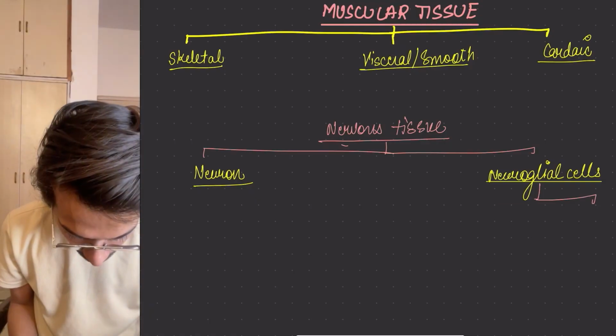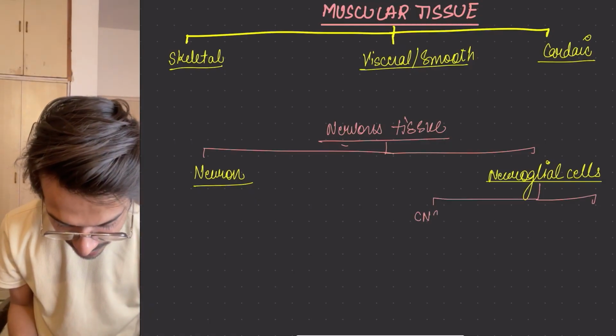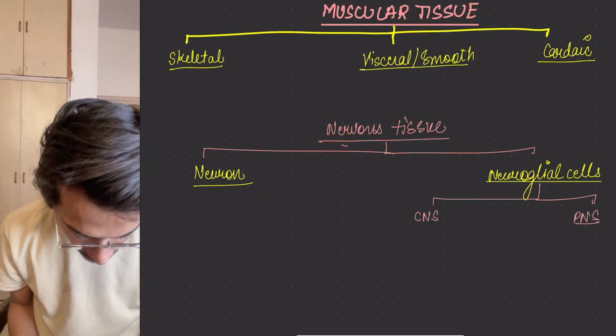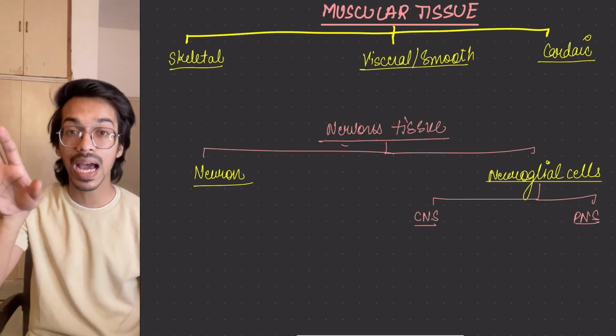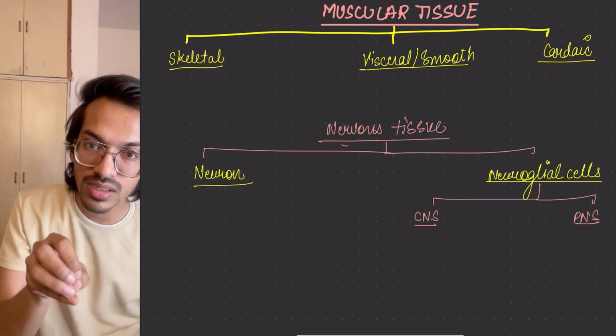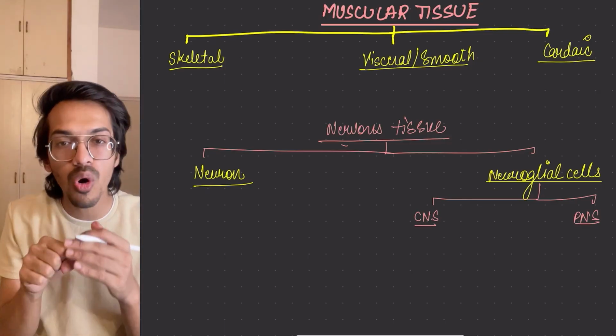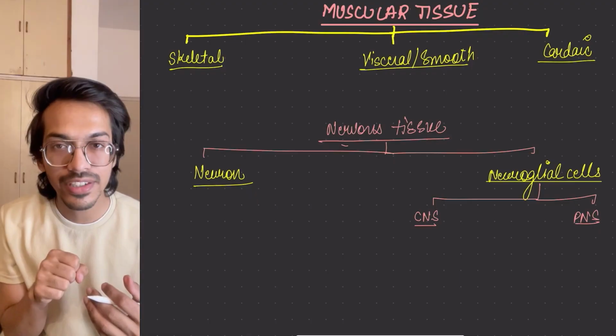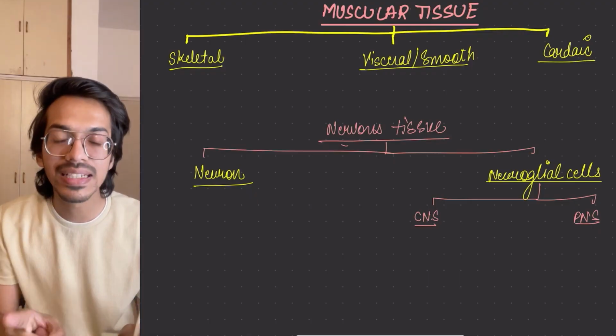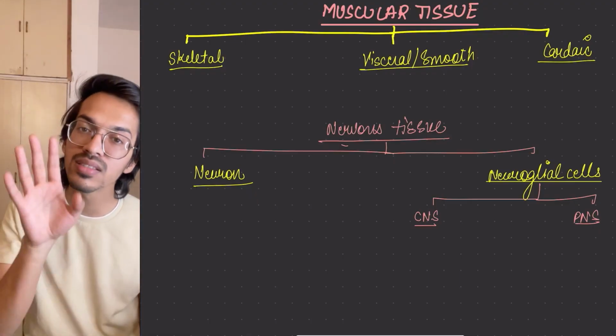Now these cells are divided on that basis, that is CNS and PNS. In this, what you have to remember is that certain neurons are myelinated, meaning their axon area is insulated, covered. So these are myelinated neurons. Who is making myelinated neurons in CNS and PNS?